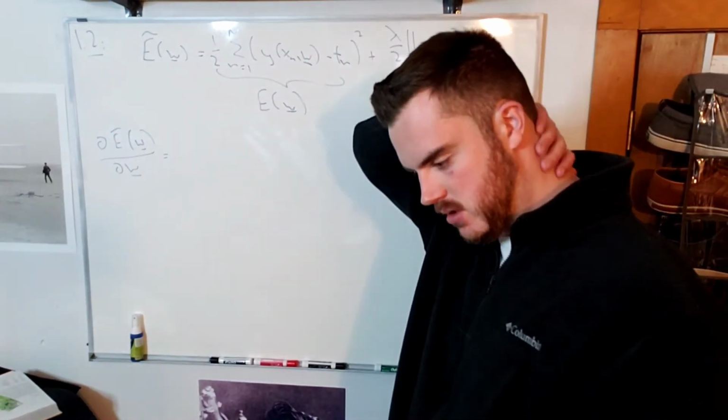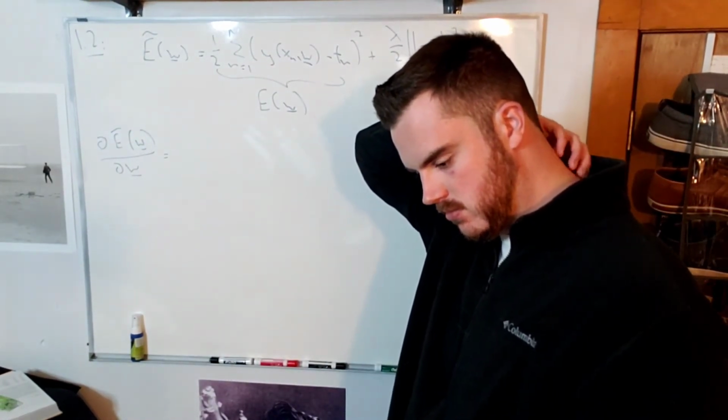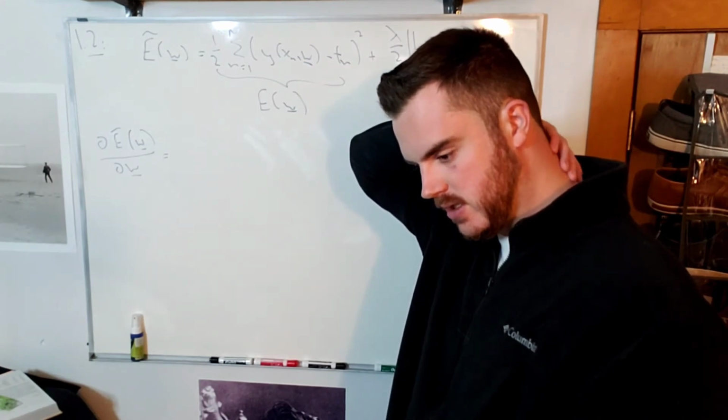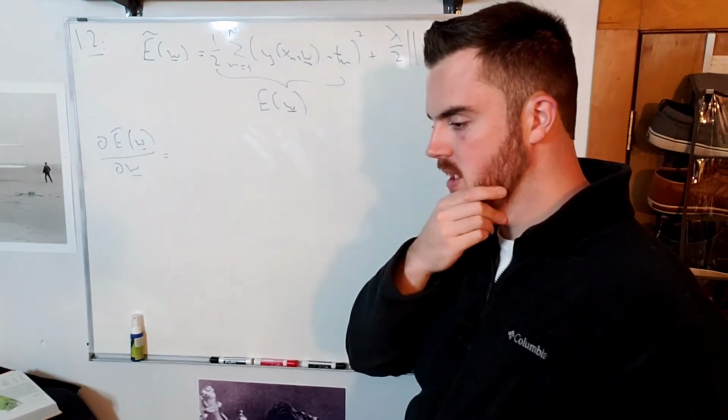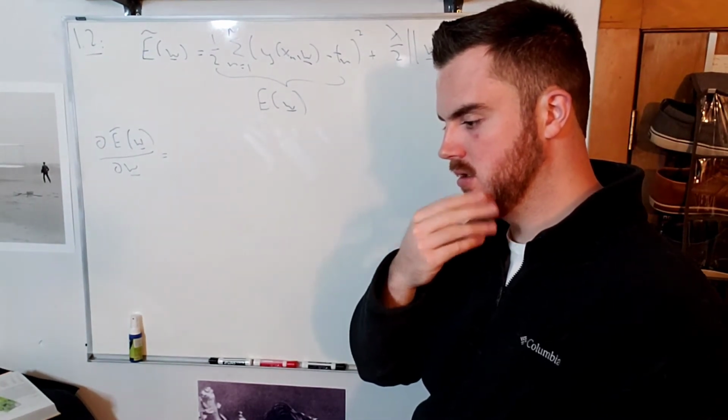Let's see if I can remember it. Get T on the right hand side, get Aij times W on the left hand side.